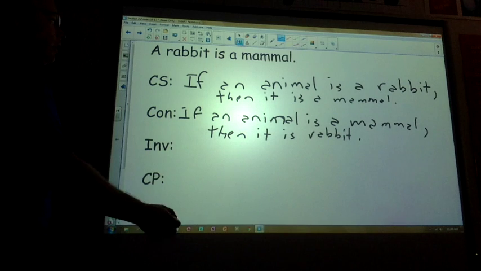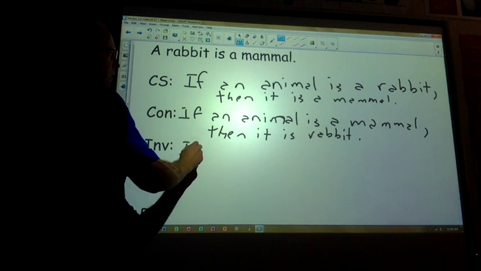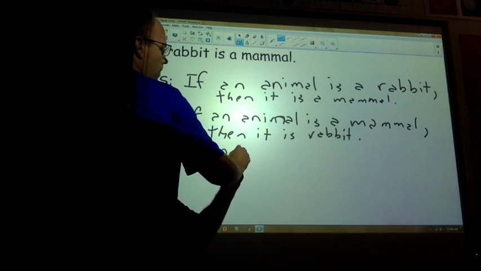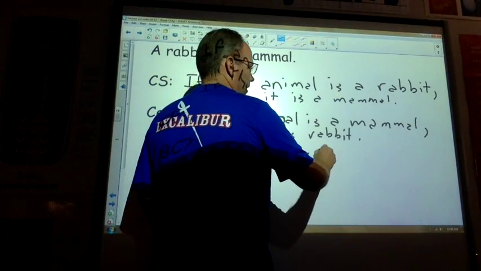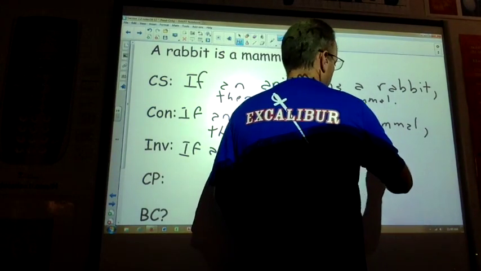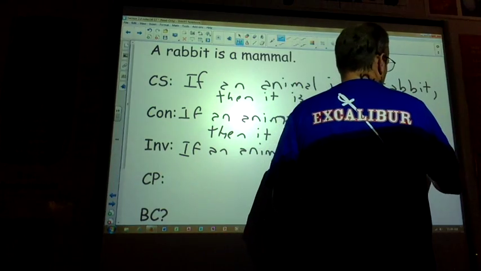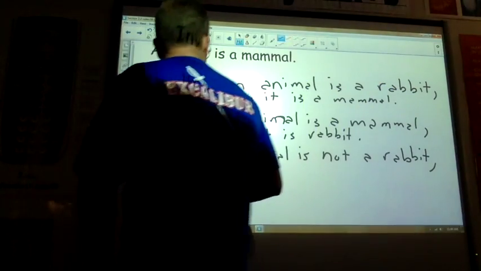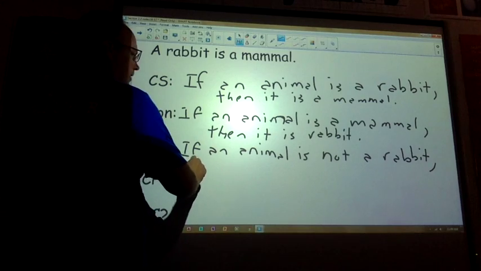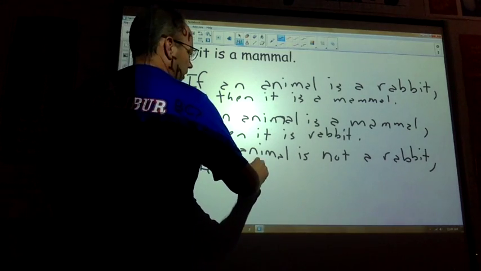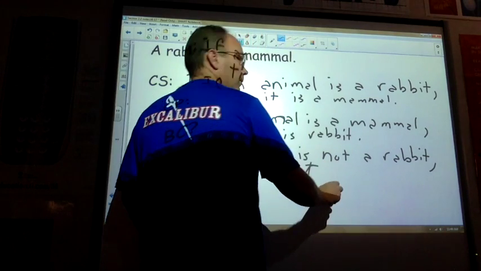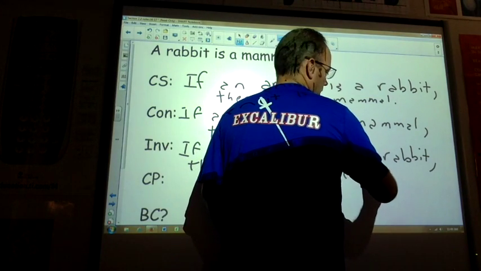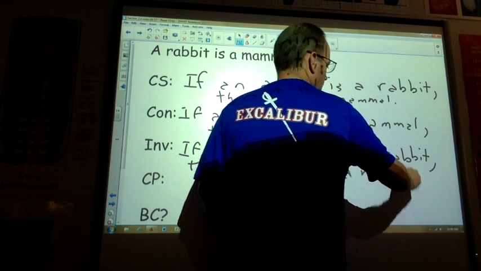What's the inverse? How do I write the inverse? If an animal is not a rabbit, then it is not a mammal. Again, not always true.